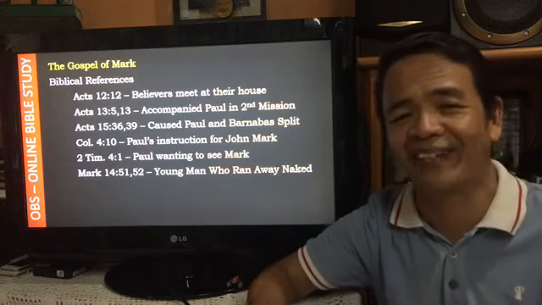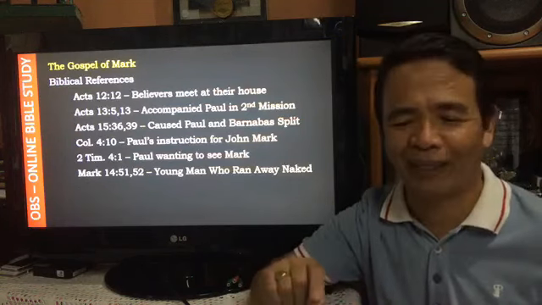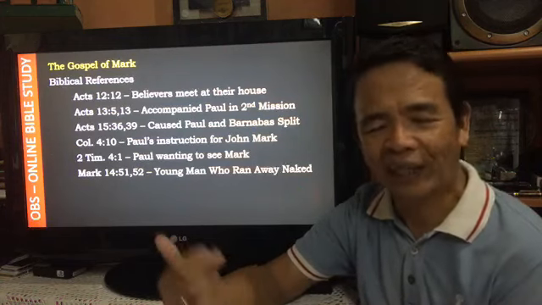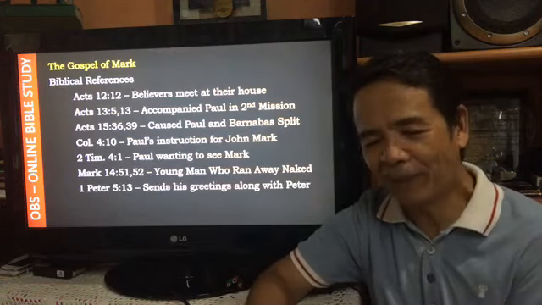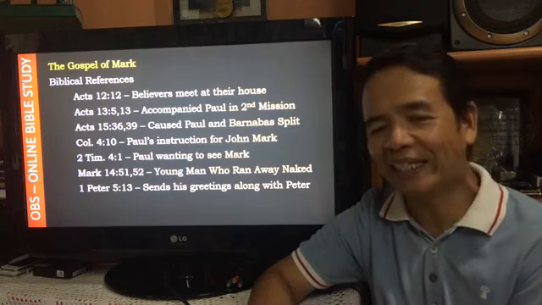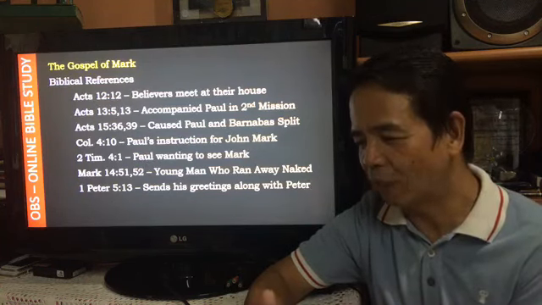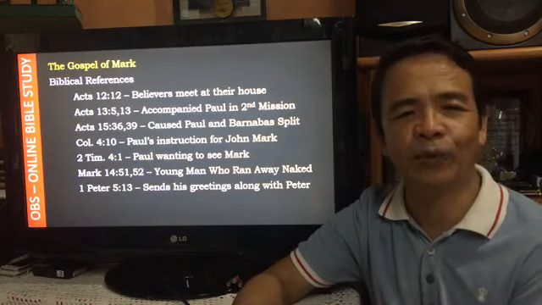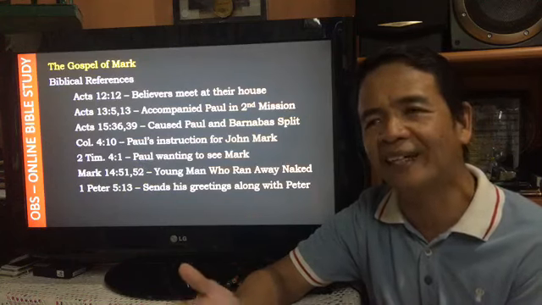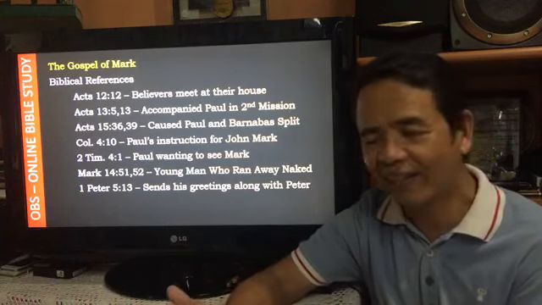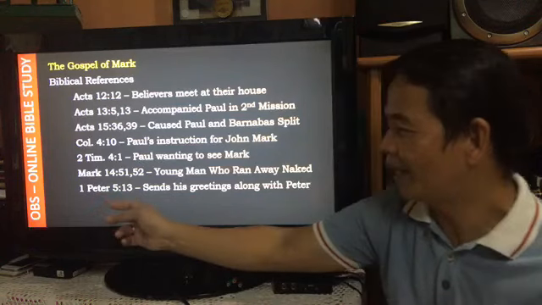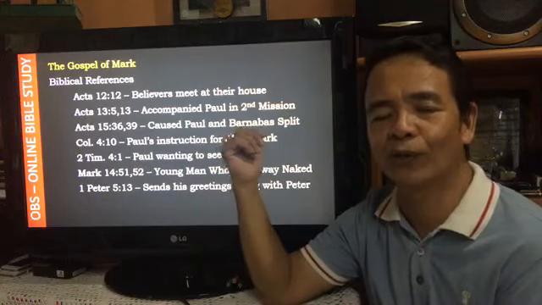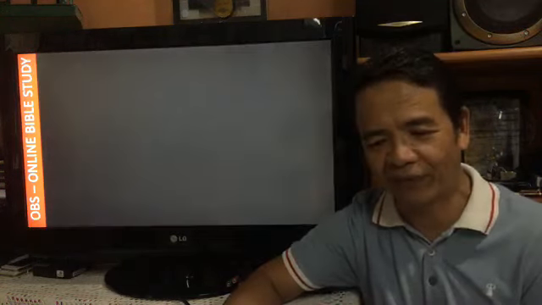John Mark, in writing his gospel, included this particular young man who ran away naked during the arrest of Jesus. In 1 Peter chapter 5 verse 13, we can read now why, according to church tradition, Peter is closely associated with John Mark, because in his closing statements, in sending his greetings, Peter said, John Mark also sends his greetings to you.